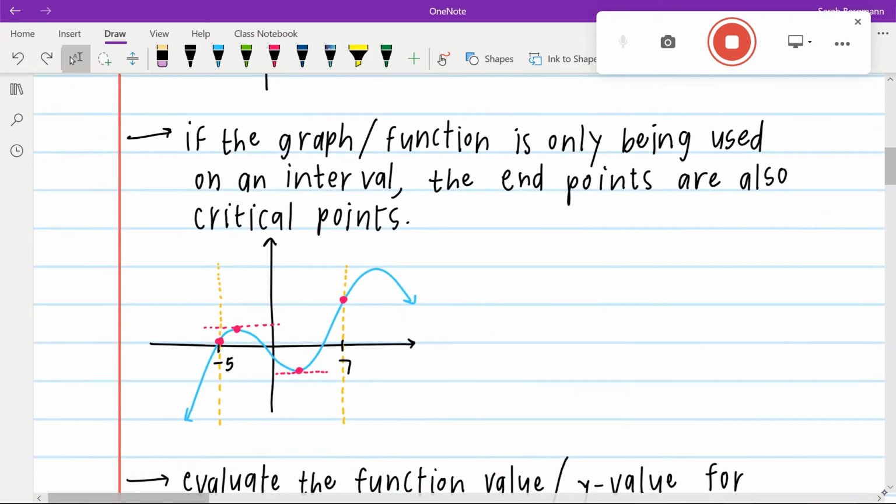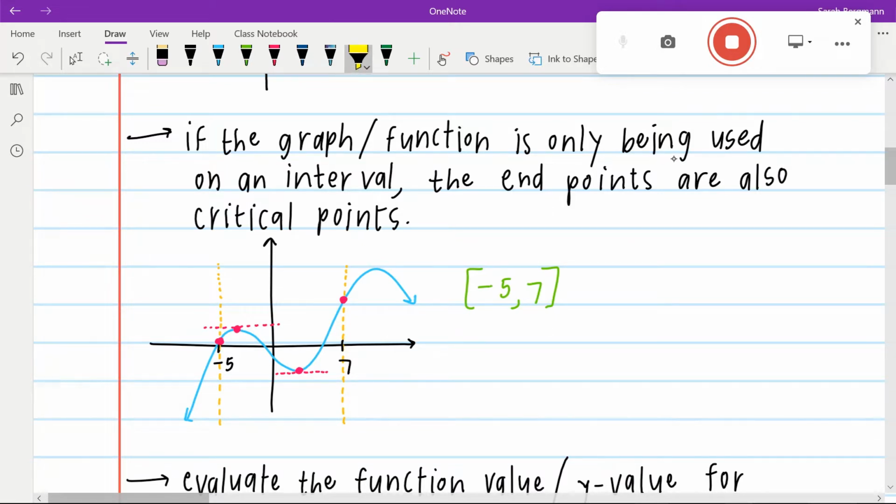You also need to look for some other points as well. So if the graph or function is only being used on some interval, the endpoints also have to be included as critical points. So for example, let's say that we were only looking at this function on the interval from -5 to 7. That means that we need to include -5 and 7 as critical points.